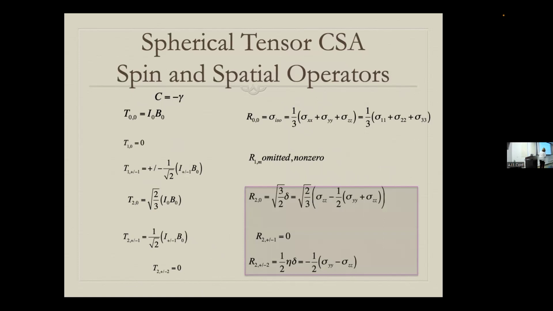And T20, oddly enough, looks similar, but is scaled. And some of the other components have other things in them, and we may or may not need them later. When you're talking about CSA, R20 is something we're going to need. R2 plus or minus 1 is something we're not going to need necessarily, but it happens to be 0, and so on.